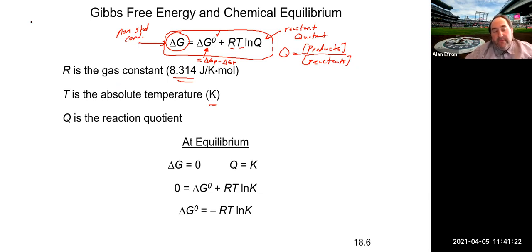Remember that when we talk about standard conditions, for the most part, temperature is 25 degrees Celsius. If you're dealing with any pressures, it's 1 atmosphere. If you're dealing with any concentrations, it's 1 molar. Most likely concentrations aren't going to be 1 molar, and that would be why we would use this equation up here on top.